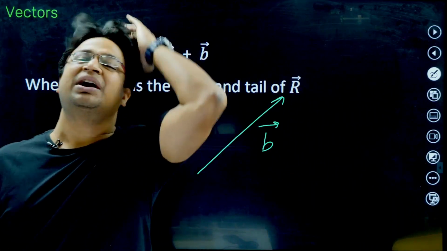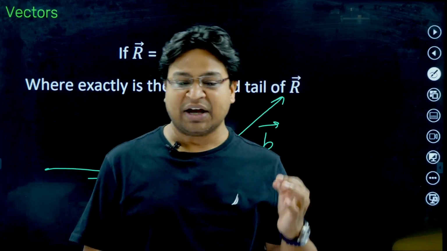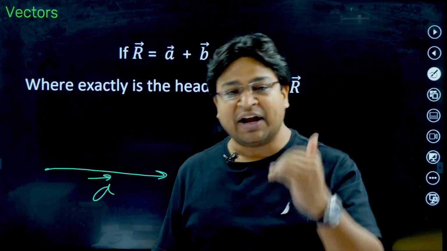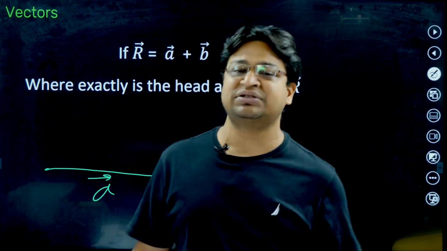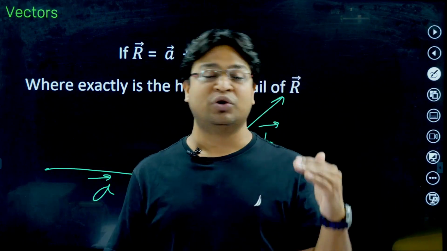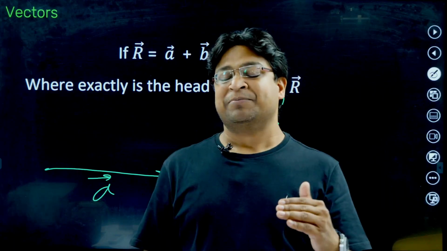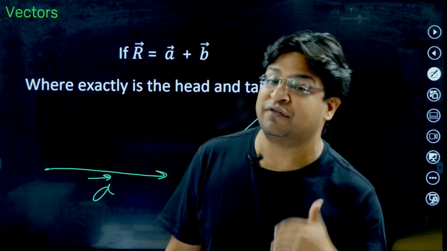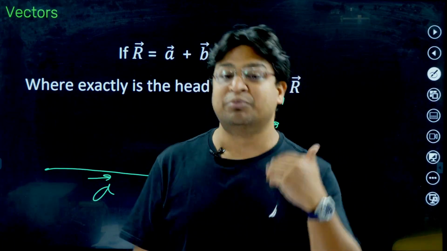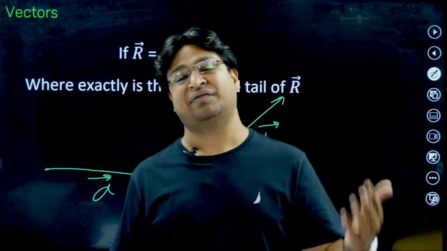What is the assumption that we are making, students? We are assuming that the way to add all vector quantities is the same. In other words, in whatever manner I'm going to add displacements, the same manner will apply to add forces or momentums or any other vector.